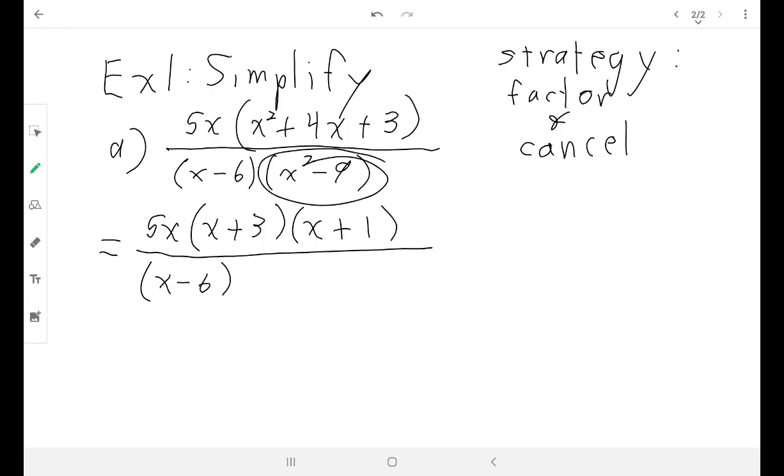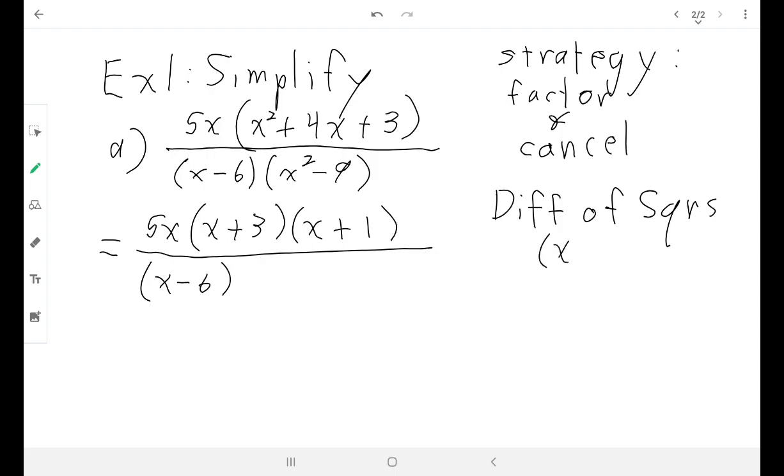But this one here is a difference of squares. A difference of squares always looks like two things squared and subtracted, and it always factors into the square roots added times the square roots subtracted in that same order.